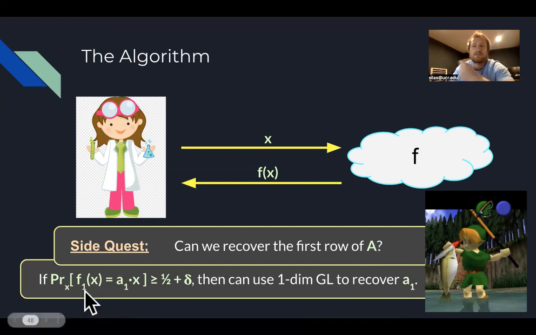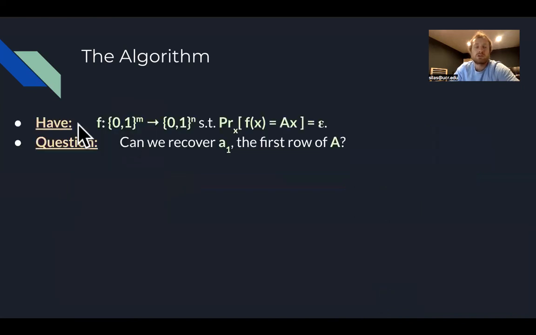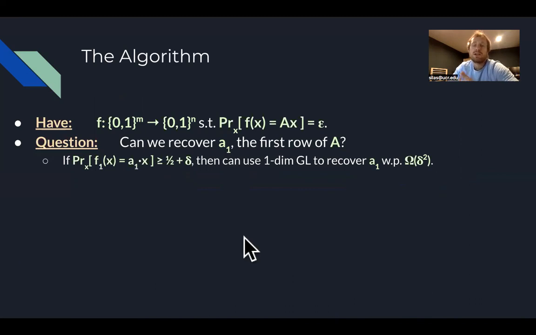Basically, if you look at the first coordinate function of f, if it has agreement 1/2 plus delta with the first row of A, then you could use the one-dimensional Goldreich-Levin theorem to recover it with good probability. So more specifically, we have some high-dimensional function. We want to know if we can recover the first row of the matrix that it agrees with. And we observe that, yeah, we could use the original Goldreich-Levin if the probability of agreement was 1/2 plus delta.